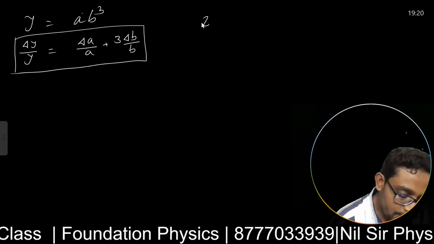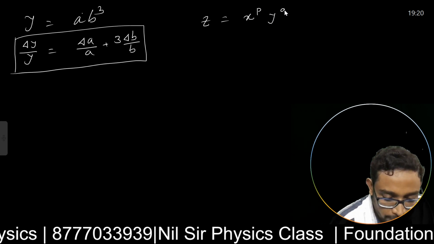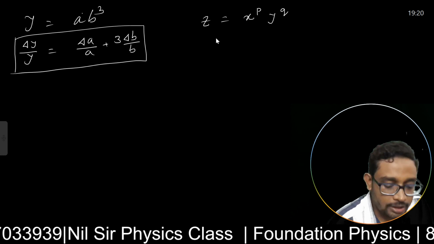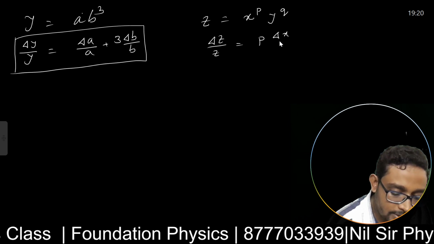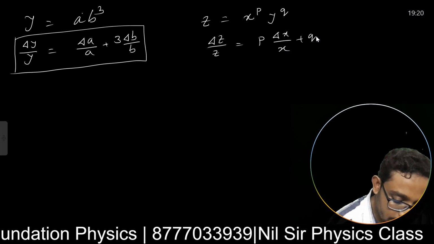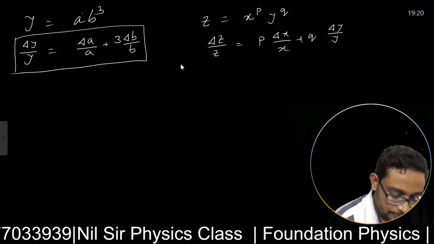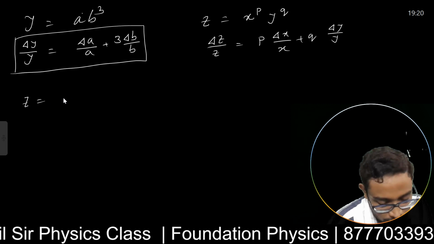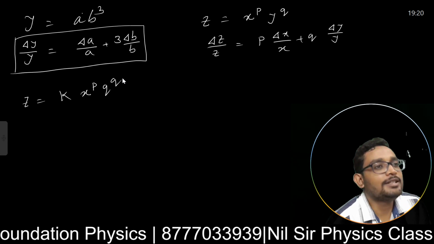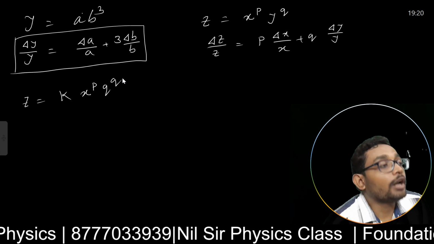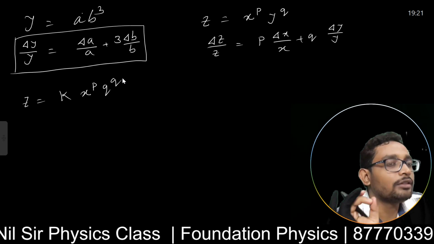For example, z equals x to the power p, y to the power q. Then the general rule is delta z by z equals p delta x by x plus q delta y by y. Now if you have some constant times x to the power p, y to the power q: for a constant quantity there will be no error.